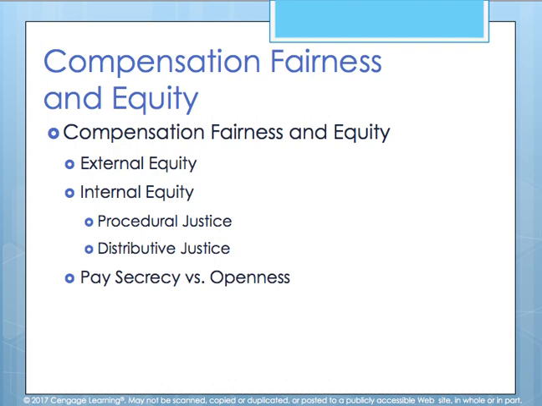And then you see that we have two types of justice: procedural and distributive. And then pay secrecy versus openness. We've talked about this before. It's like one of those things that I think is like dragging your nails across a chalkboard, where they tell you not to let anyone know how much you receive in pay.